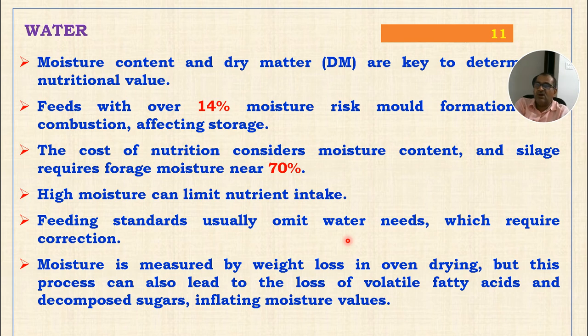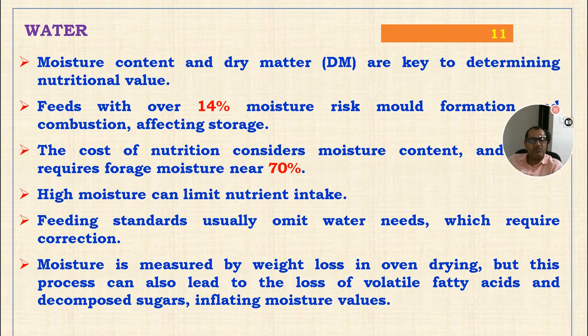Then the water, especially the moisture content and dry matter, are key determining factors as far as the field sample is concerned. Feed with over 14% moisture risks mold formation.